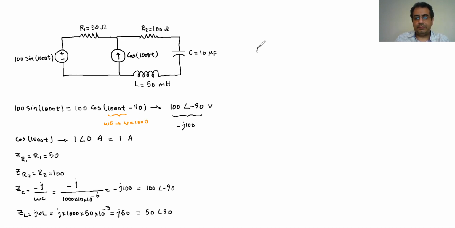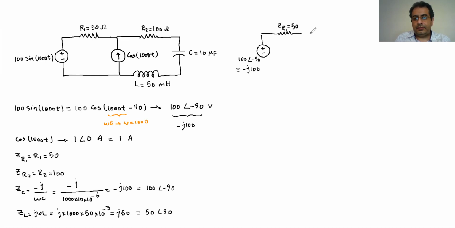This time I have this one plus minus, and so it is going to be 100 with angle negative 90, or equal to negative j100 here. Then we have here the Z for R1, which is 50.